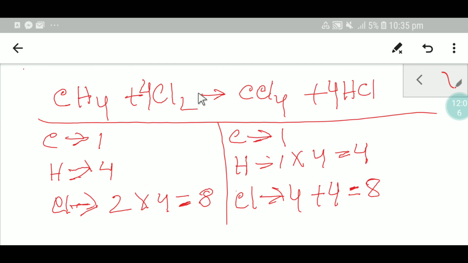So this is the balanced equation. In the fourth step, you have to change this sign with an equal sign. So let me write that. This is the balanced equation.